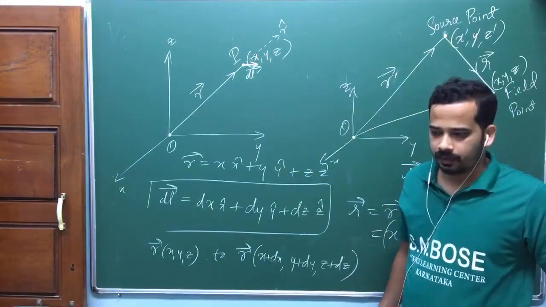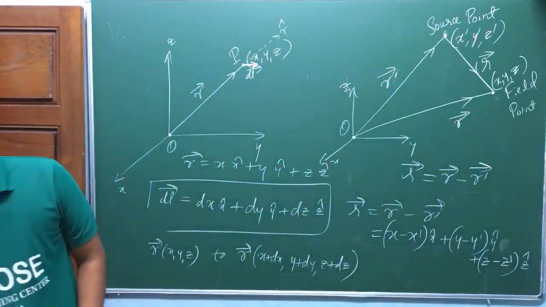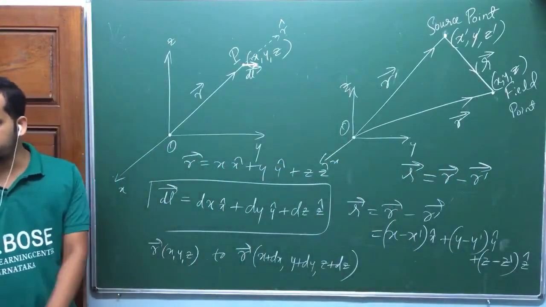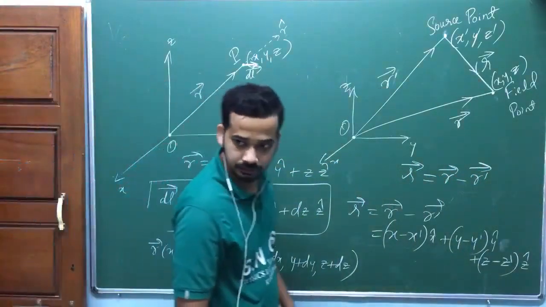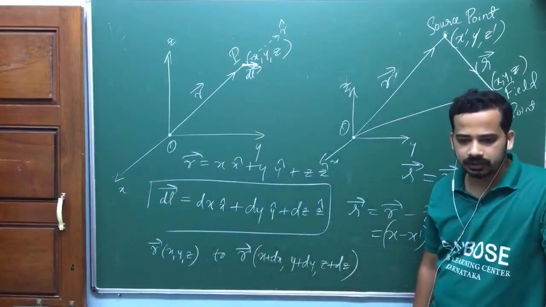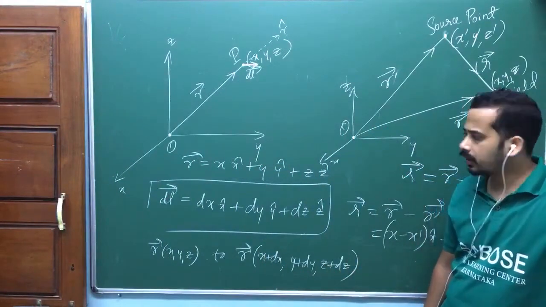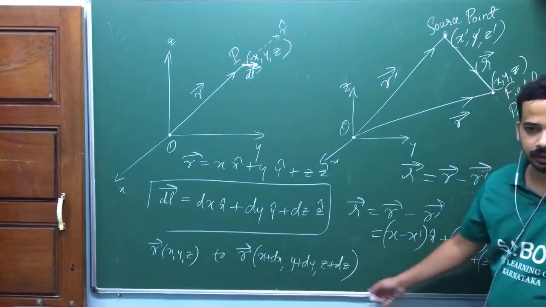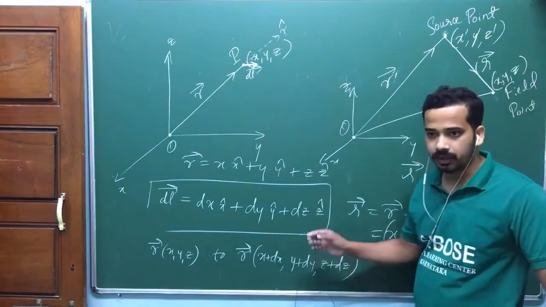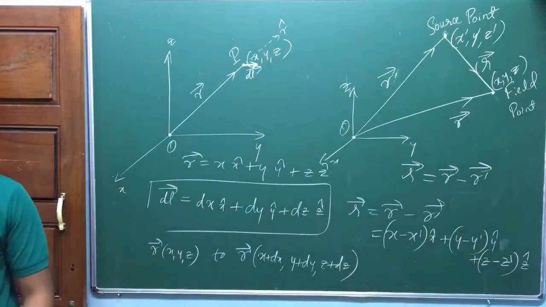The whole electrodynamics understanding depends on how much hold you get on vector algebra and vector calculus usually. That's why I'm spending considerable time on vector calculus. If you do not understand vector calculus, you will not understand the later part of the syllabus. That's why it is mentioned particularly, vector analysis, one full chapter.